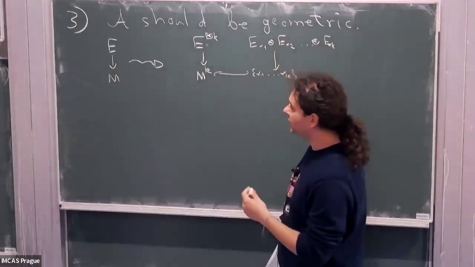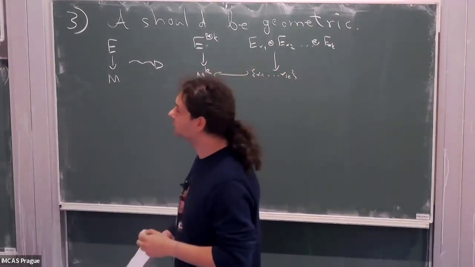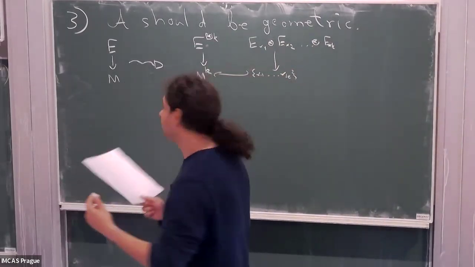And if we just take the section spaces of all the M^k's with values in the duals of the E^k's, then we get an algebra.